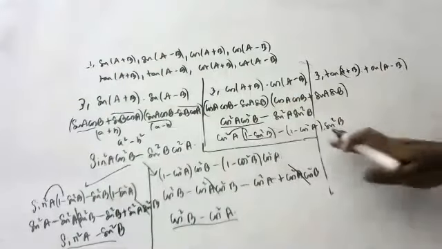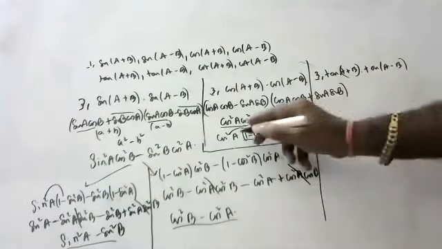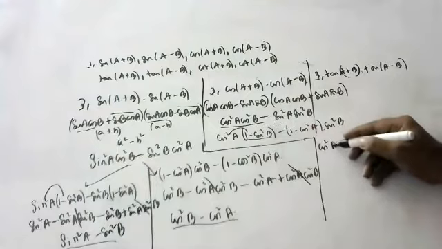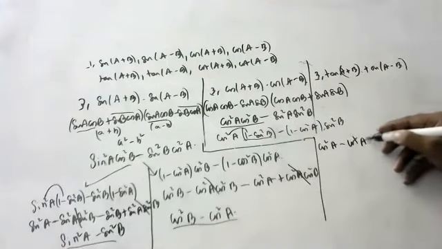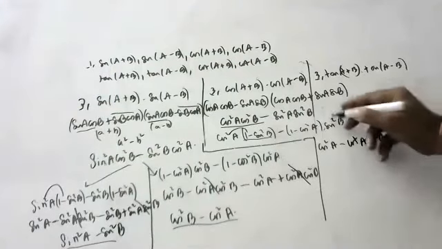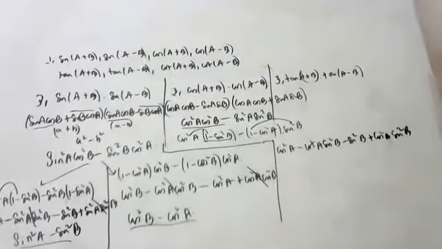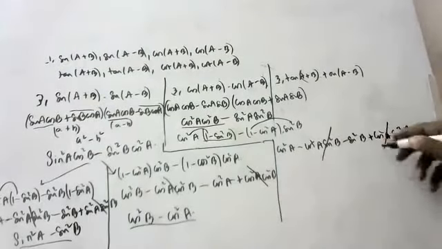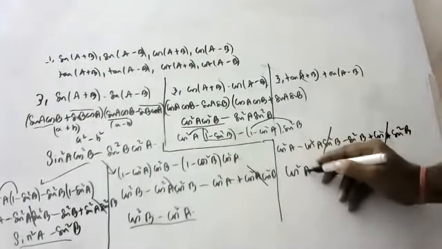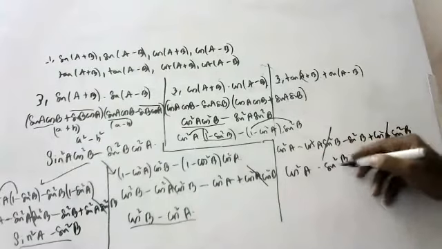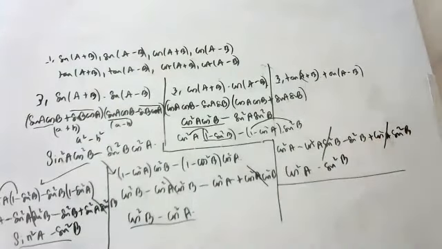This into this is what, children? cos square A minus cos square A sin square B, minus sin square B plus sin square B into cos square A. Cos square A into sin square B, cos square A into sin square B, children. Okay. So please see here, children, this and this are gone. So cos square A minus sin square B, you got, children, this one.